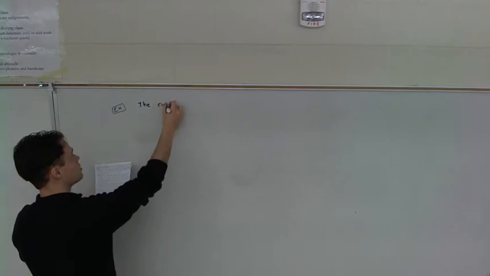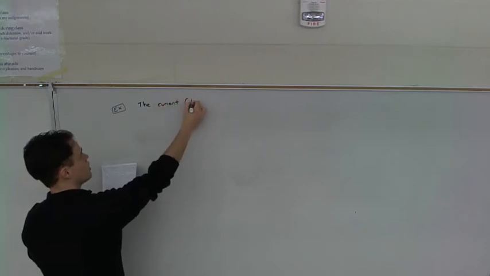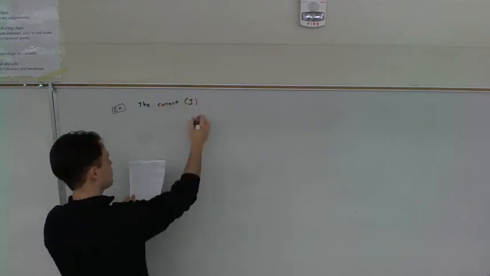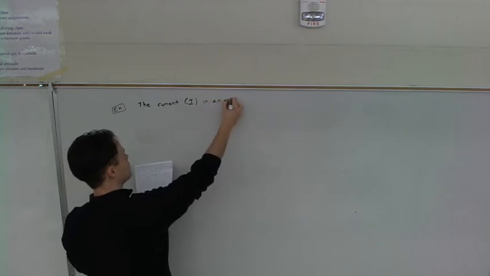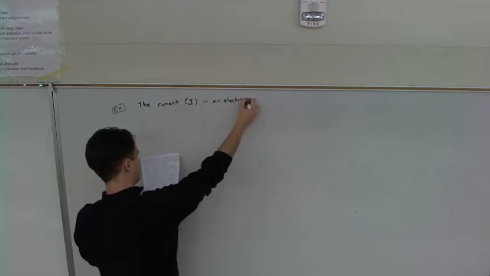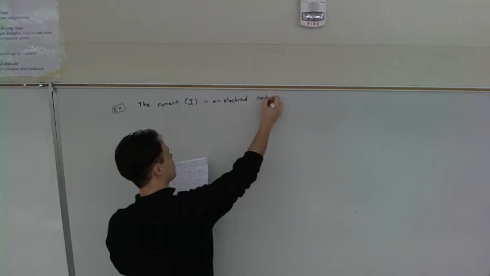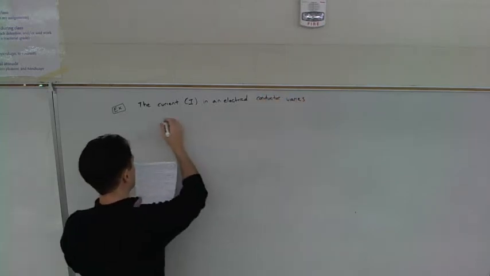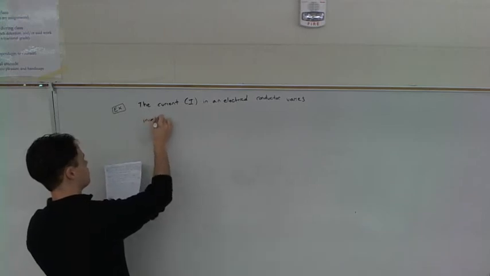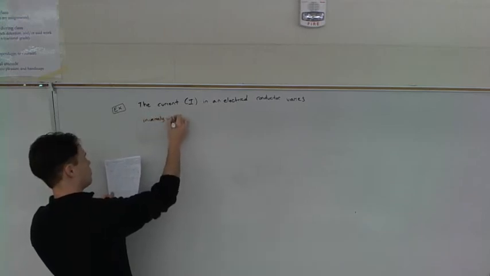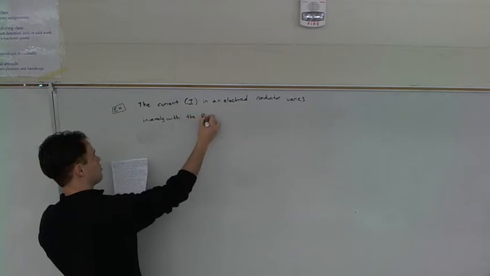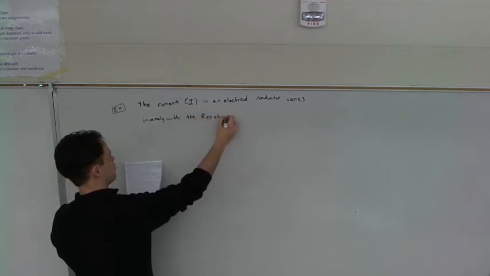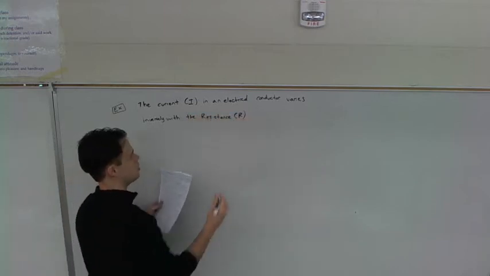So the current, we're going to say the current I in an electrical conductor varies inversely with the resistance that's trying to stop that current from flowing in that conductor.